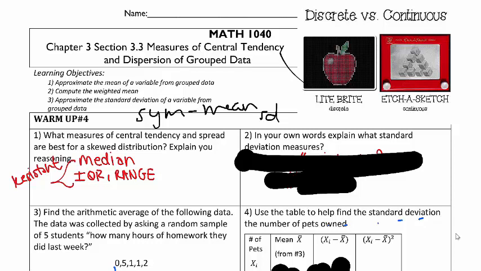The median and the IQR are resistant, so they won't change much if you put a big outlier in there. But we also want to include the range because we want them to know there was an outlier.